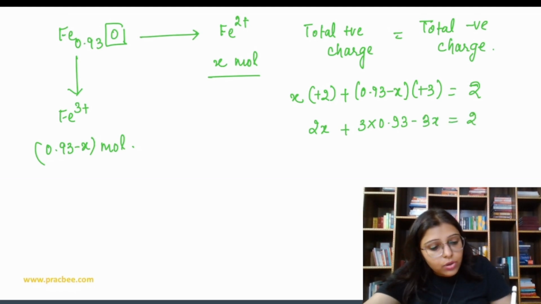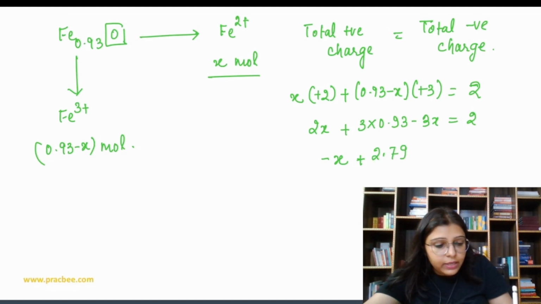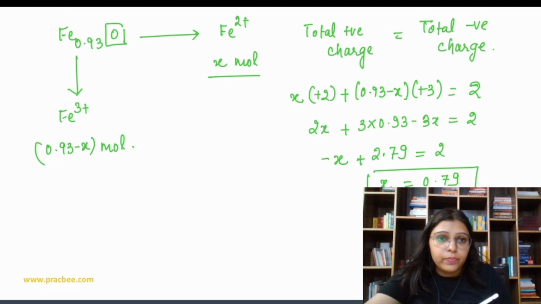So we can also write 2x plus 3 into 0.93 minus 3x, it is equal to 2. Okay. So we get minus x, plus 3 3s are 9, 9 3s are 27. So we get 2.79 minus x, it is equal to 2. So we get x is equal to 0.79. ठीक है, the value of x is equal to 0.79.